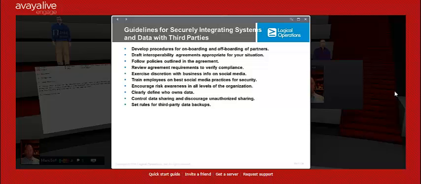Use social media responsibly. You are now kind of the custodian of some information that is relevant to some other business entity.